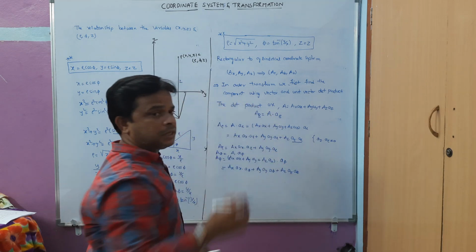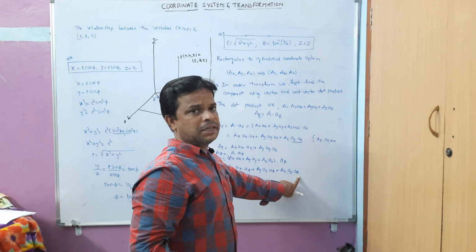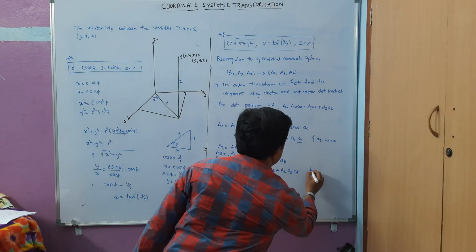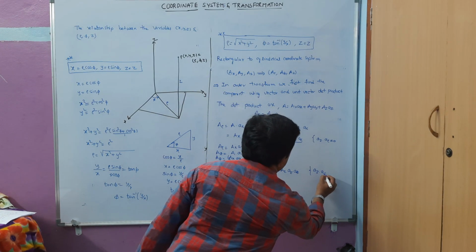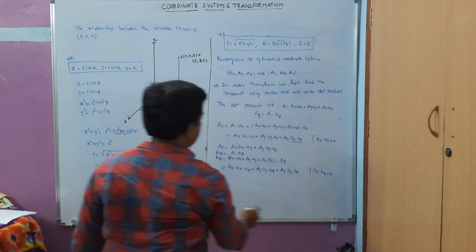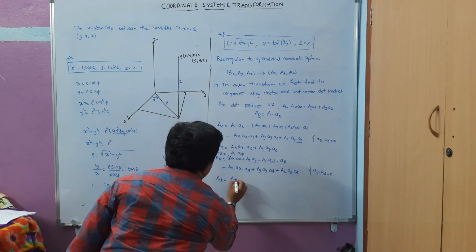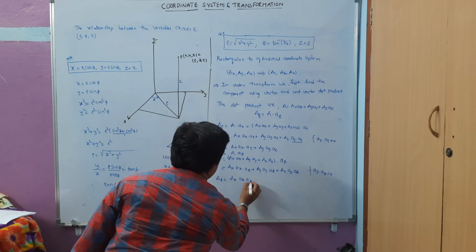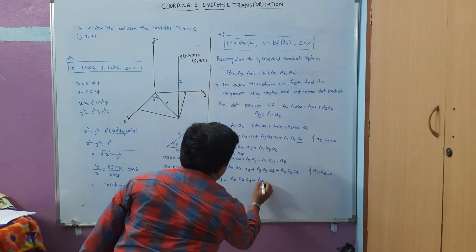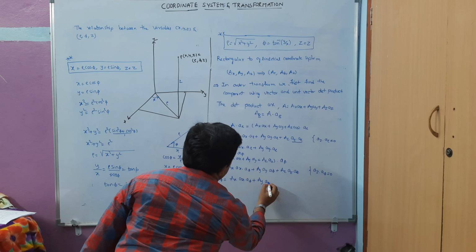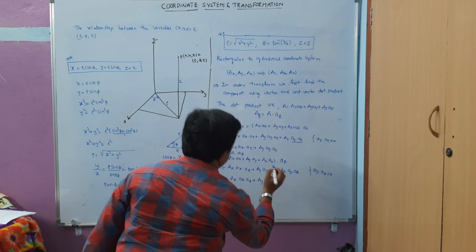As I have said, these are in the same coordinate system, so az dot a phi is also 0. So a phi is equal to ax into ax dot a phi plus ay into ay dot a phi plus 0.